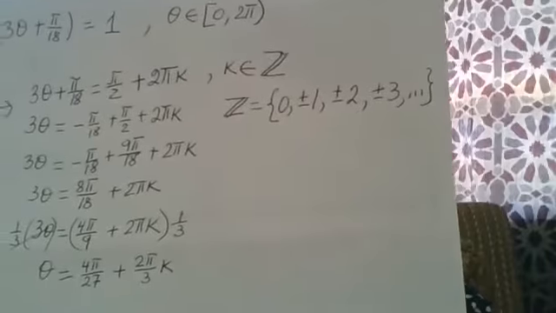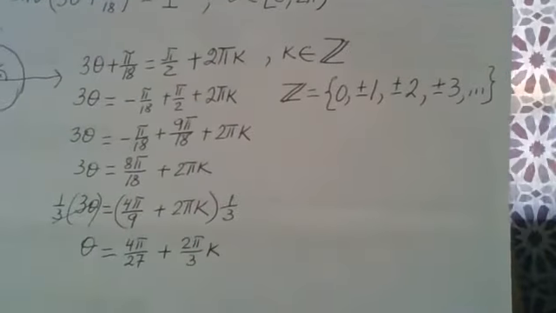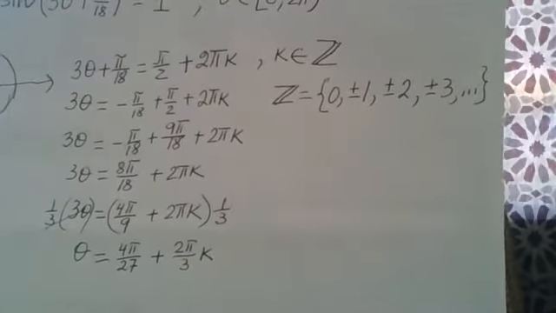Agree? Disagree? I agree. And now, guys, we are going to play with values of k, because we need to choose values which belong to the declared interval from 0 to 2 pi.